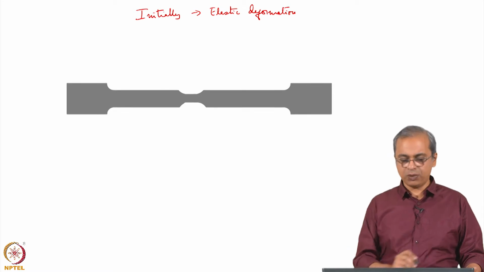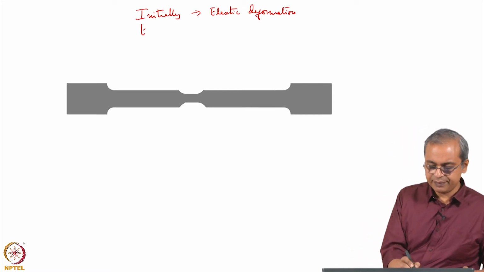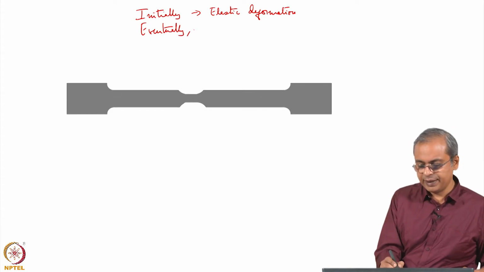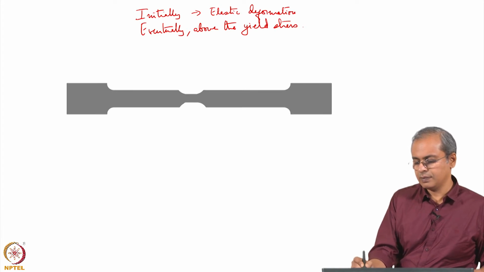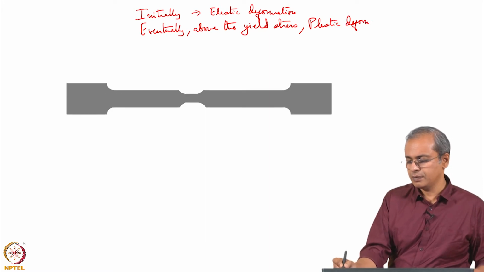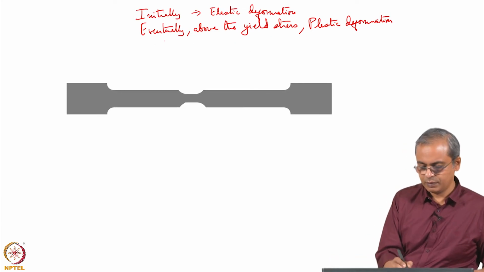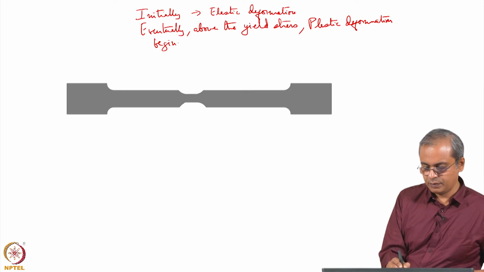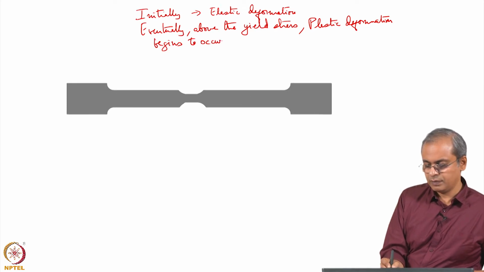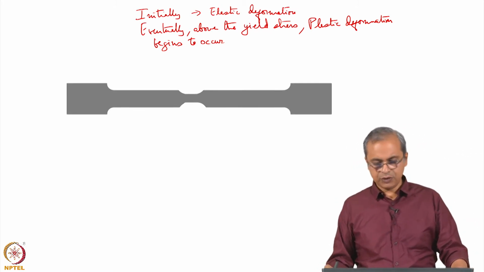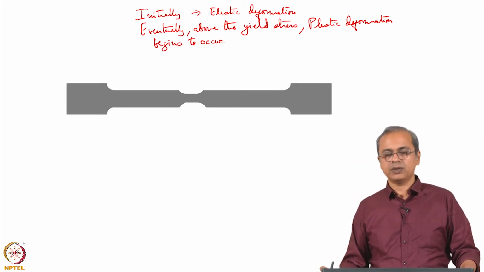When you remove the load, you get back your original dimensions, and then eventually once you cross the yield stress, plastic deformation begins to occur. Okay, so, this is what we would typically see.